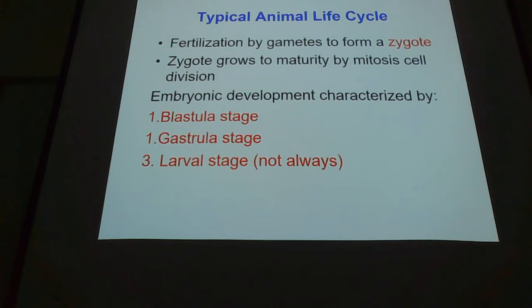During this mitosis, which I depicted here very simplistically, as we go down the road, we can recognize several stages that we name blastula, gastrula, and so on. The larval stage is a stage that not all animals have. Do we have a larval stage that you know of? I don't think so. Sponges, for instance, do have a larval stage. It's an intermediate stage between the embryo and the adult, and the changes are really dramatic.